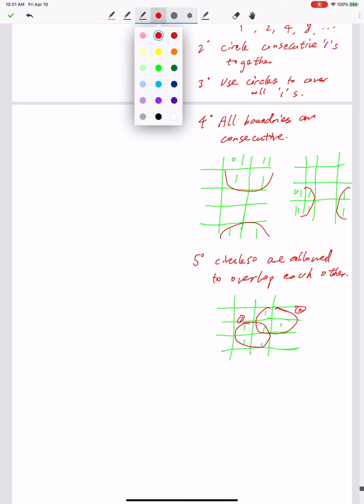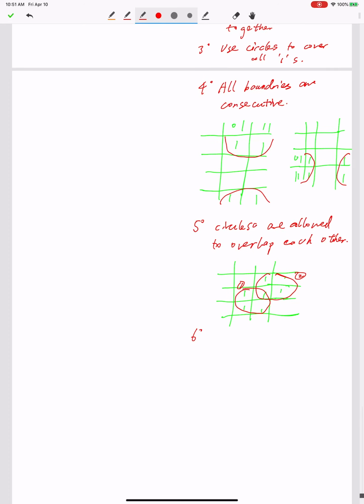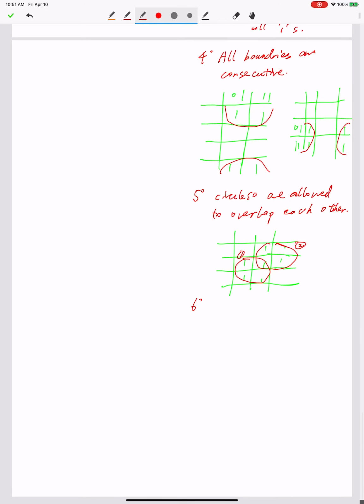So why do we need circles to overlap with each other? Because that is rule number 6. We need to create the circle as large as possible.